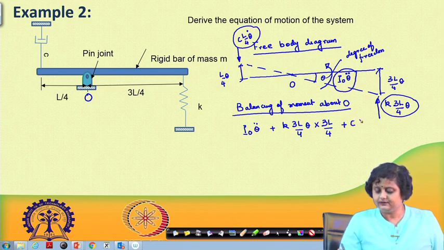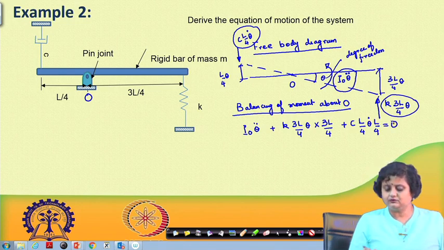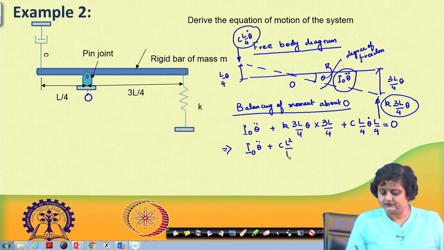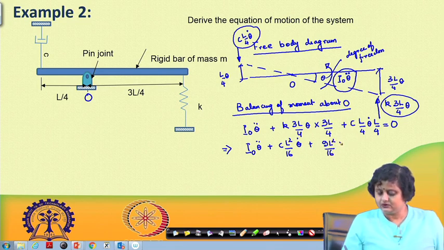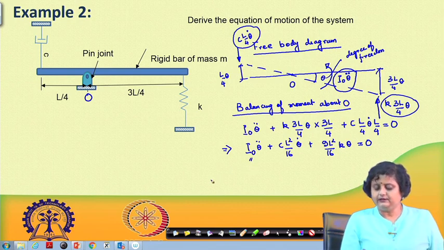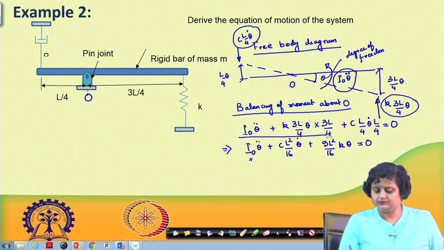The damping force is C into L by 4 theta dot into the moment arm L by 4, and that is equal to 0 since no external moment is acting. So, this can be written as I 0 theta double dot plus C L square by 16 theta dot plus 9 L square by 16 into K into theta, equal to 0. So, we can find out I 0, and that will give us the equation of motion of the system.